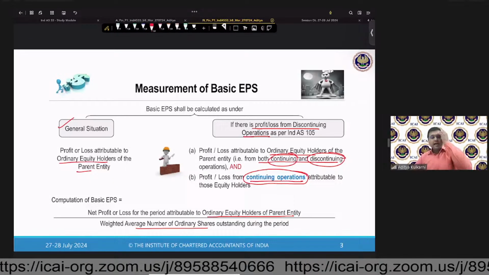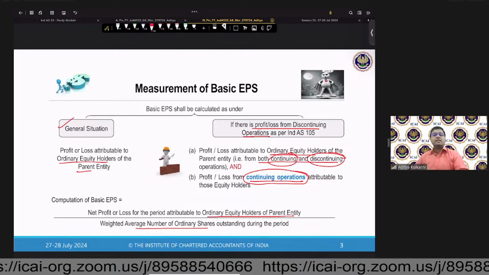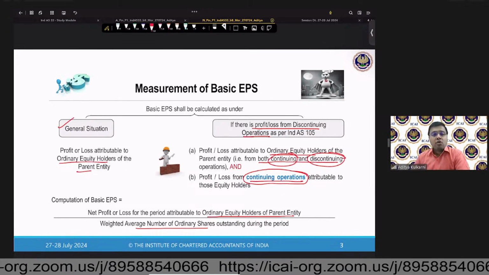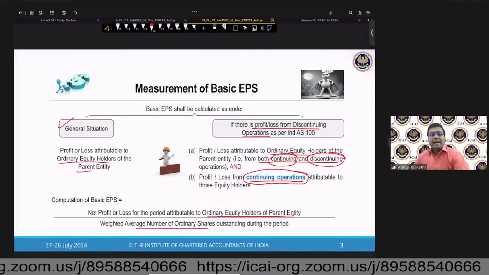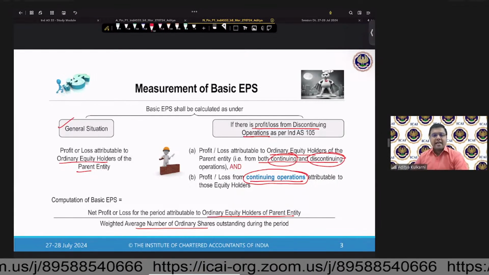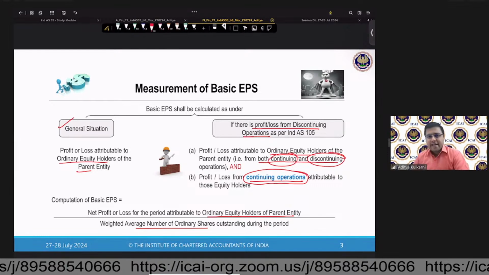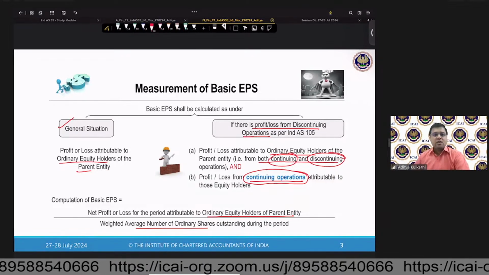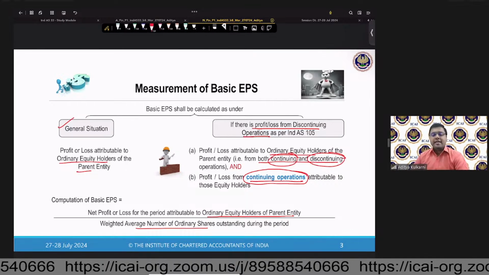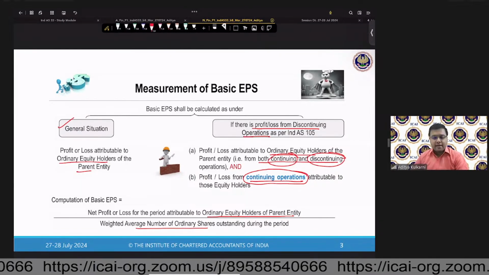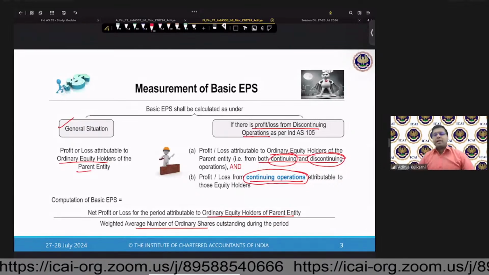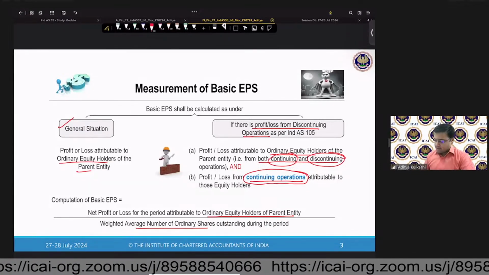That means these are the equity shareholders who are genuinely the penultimate people to get the share of assets in the event of liquidation. So any other shareholder who has differential rights, who has preferential rights, we do not compute the EPS from the perspective of that. So these shares are subordinate to none in the capital structure. They are the least prioritized shares in the capital structure.